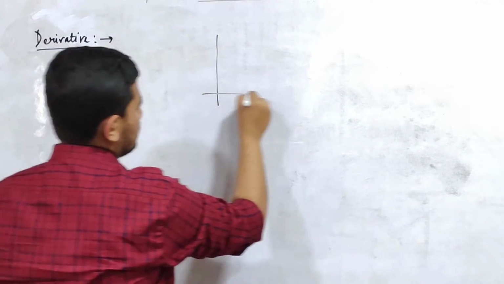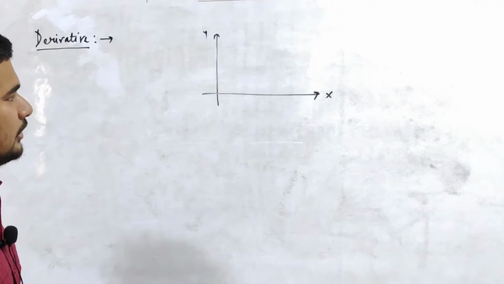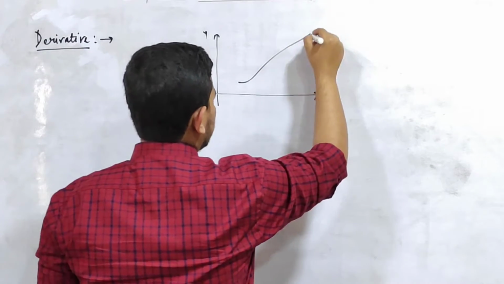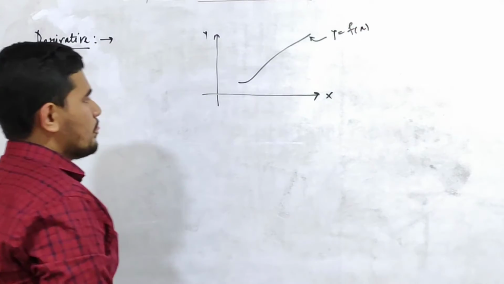To define a derivative, I will again have an x and y plane, a Cartesian plane, and here I am going to have some arbitrary curve. This is an arbitrary curve which is y equal to f(x).